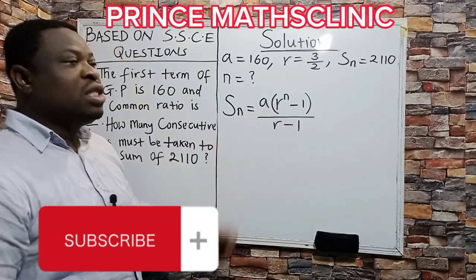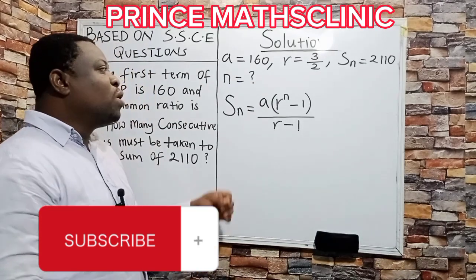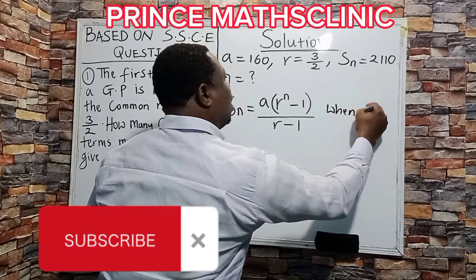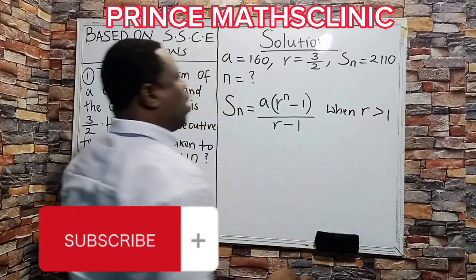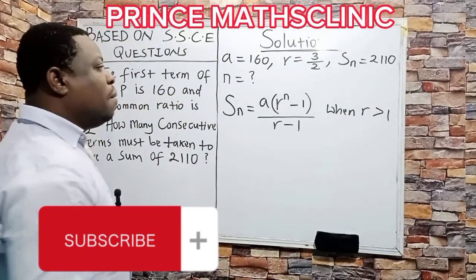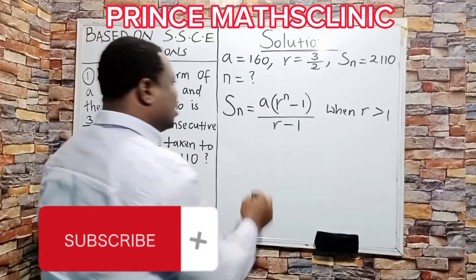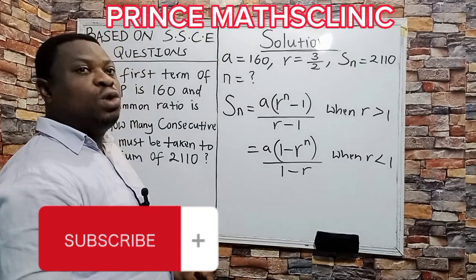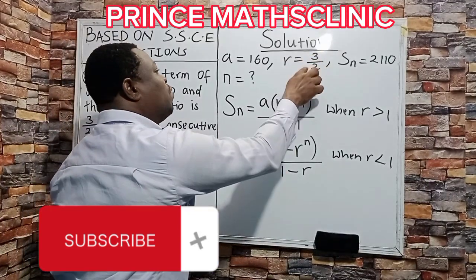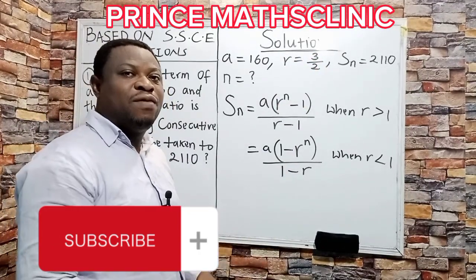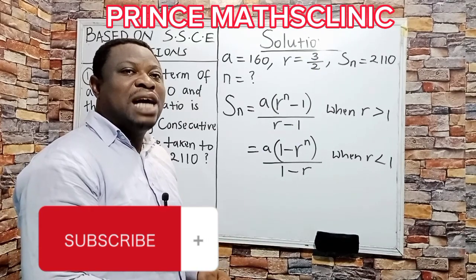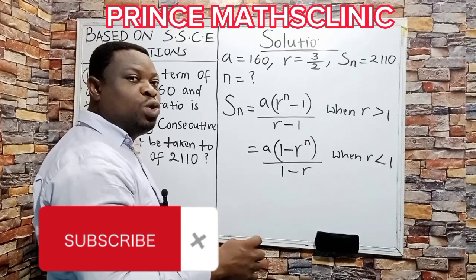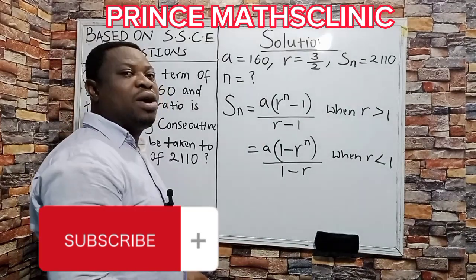We use this when the value of the common ratio is greater than 1. When r is greater than 1. But when r is less than 1, the formula is different. In the question given to us, we discover that 3/2 is simply 1.5, and 1.5 is greater than 1. So therefore, the first formula is what we will be using to solve this particular question.